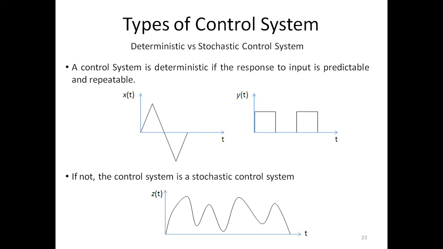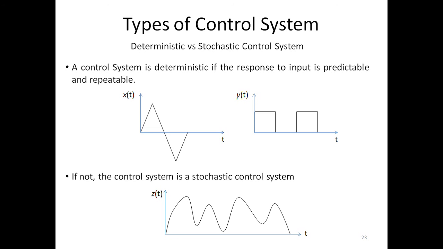Next is deterministic versus stochastic control systems. A control system is deterministic if the response to the input is predictable and repeatable. So here, by looking at the diagram x of t versus t, we can easily say that it is a deterministic response.